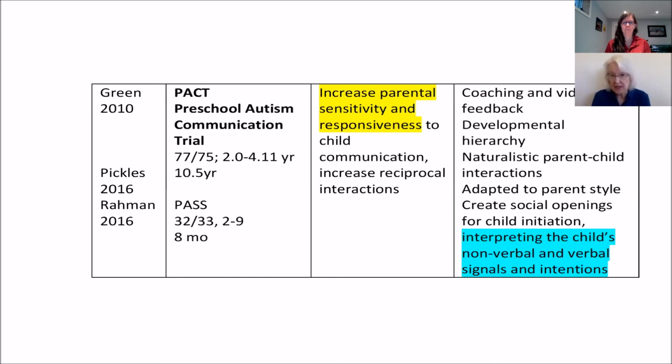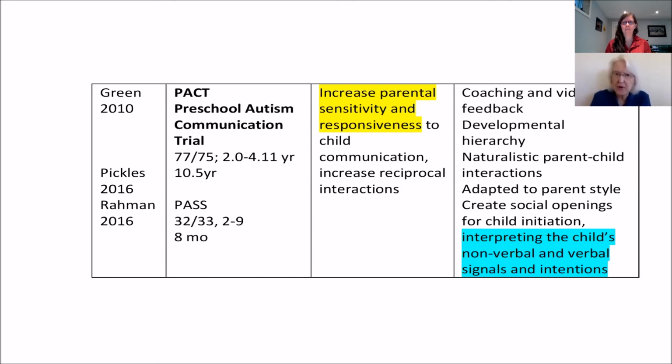Then the next study underneath, I put them together, was the PICKLE study, which looked at these same children in a follow-up about 5 to 6 years later to see how they were doing, and they were doing well. And then Rahman took the same method and applied it in a randomized controlled trial in India and Pakistan.